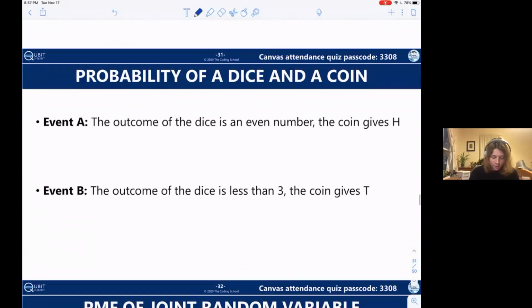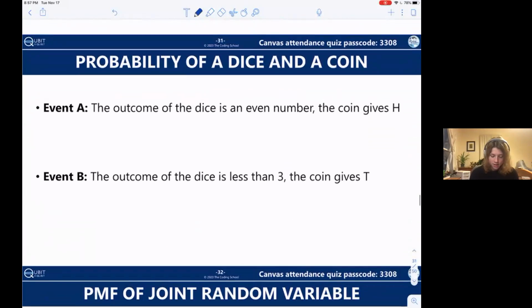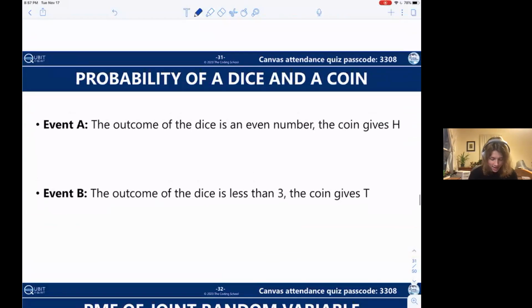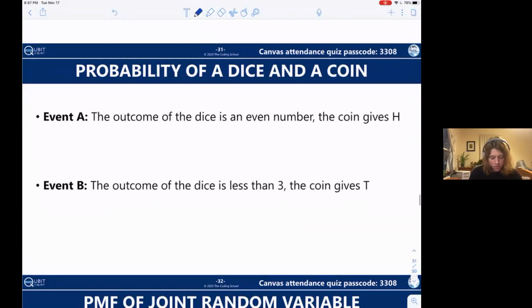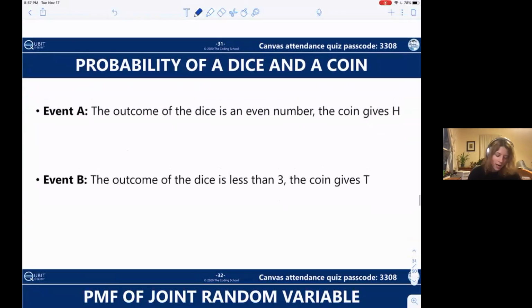So now I'm going to try to just do one example. I'll do event B, because we practically just did event A. We want the outcome of the dice to be less than 3 and the coin to give T, or tails. If we take less than 3, that means it can be 1 or 2.